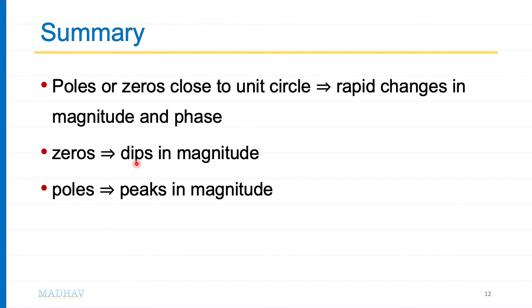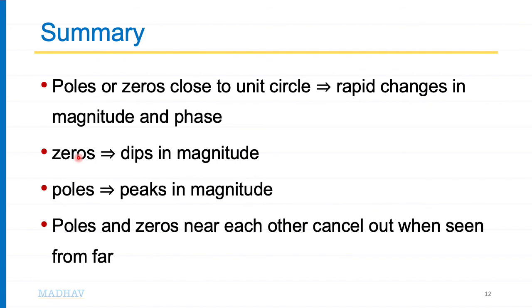And the poles will bring peaks in magnitude. Basically, if you want to boost certain frequencies, you put a pole somewhere near the unit circle, inside the circle, for stability purposes, or so that the DTFT exists. So for stability, you keep the poles inside the unit circle, and then the zeros are used to suppress certain frequencies. Wherever you want to suppress some frequencies, around those you put a 0.